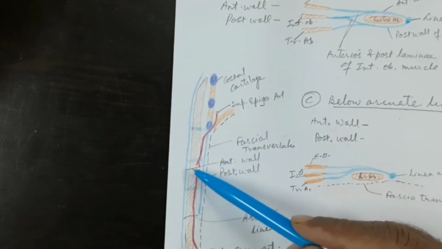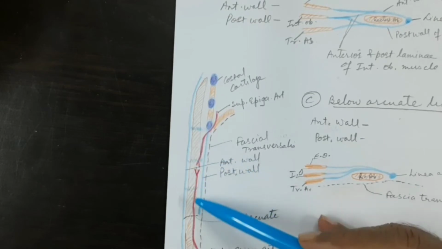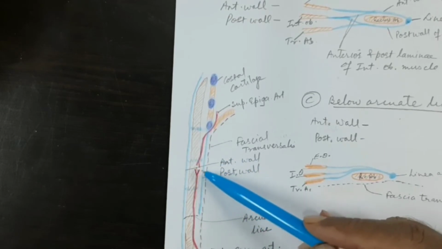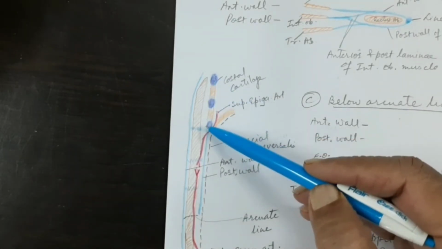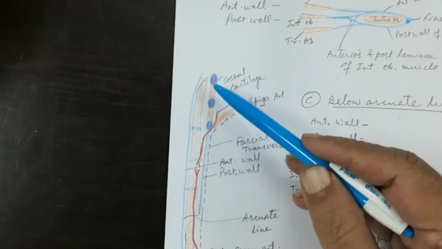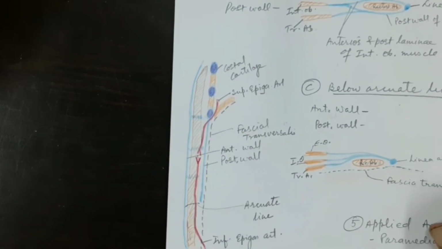So there is an anterior layer and a posterior layer of the rectus sheath. Thus, the muscle is covered anteriorly as well as posteriorly, which otherwise was not covered posteriorly, because the muscle was directly resting on the fifth, sixth, and seventh costal cartilages, right?